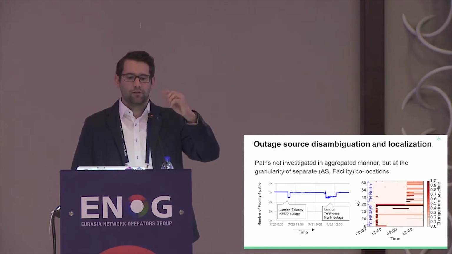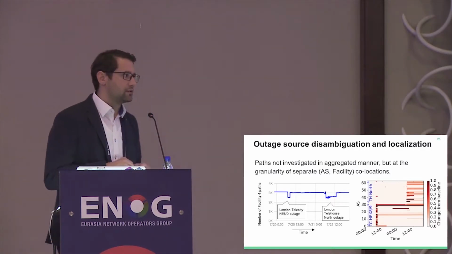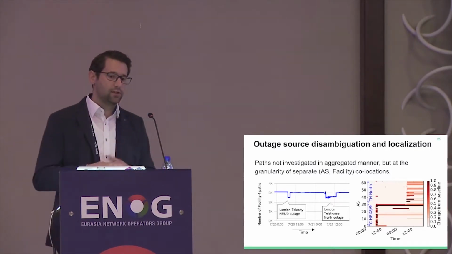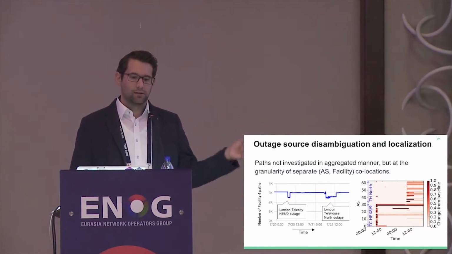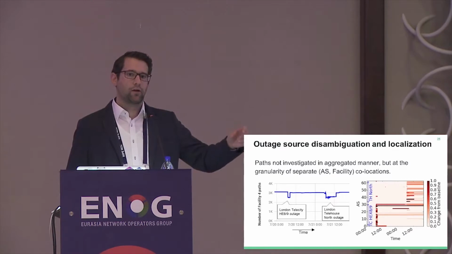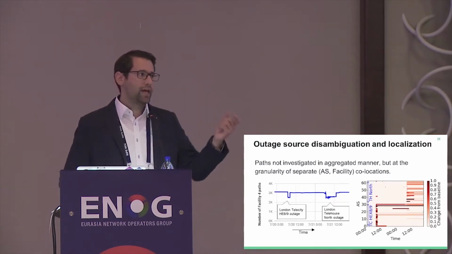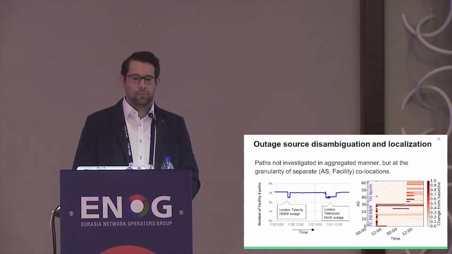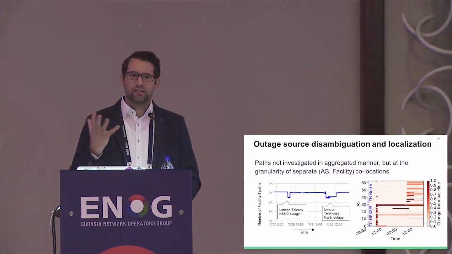Then we see that the paths changed to other facilities, such as, in this case, DKICs or other IXPs. And after fixing of the outage, the paths just moved back.